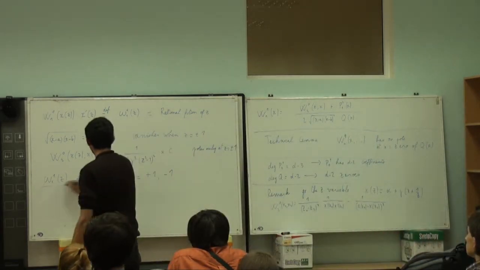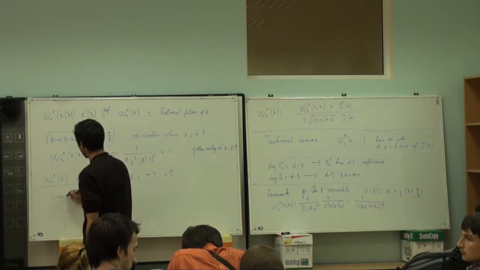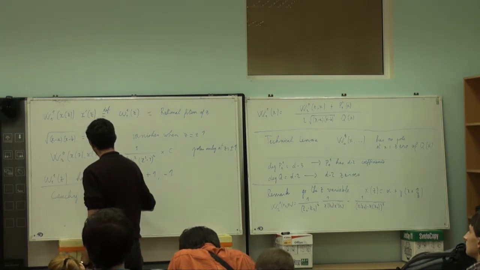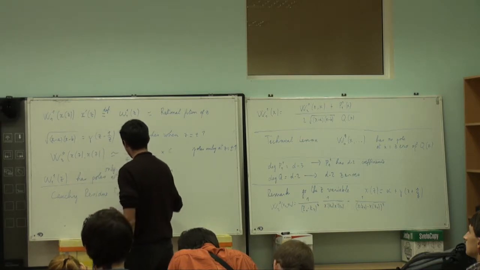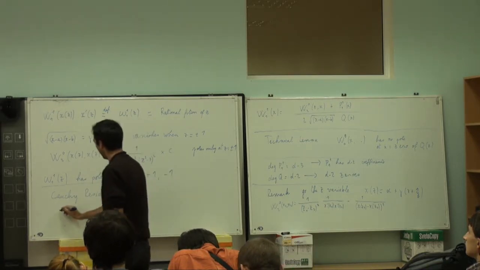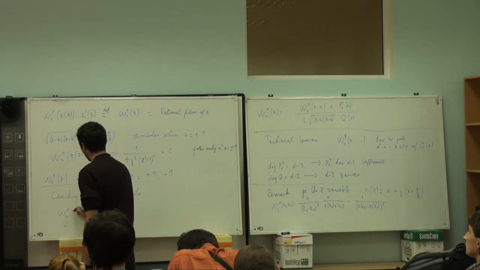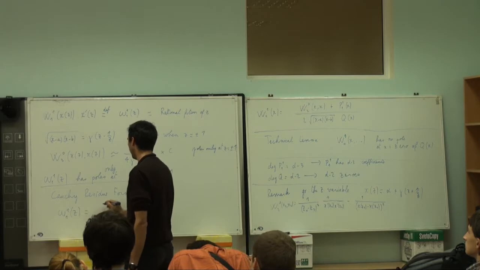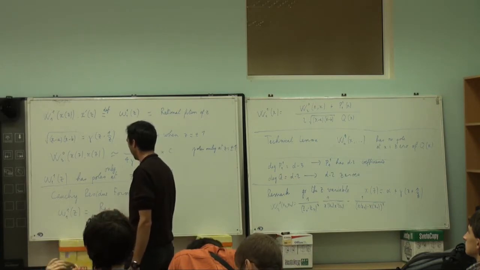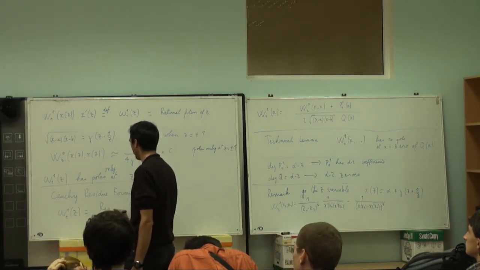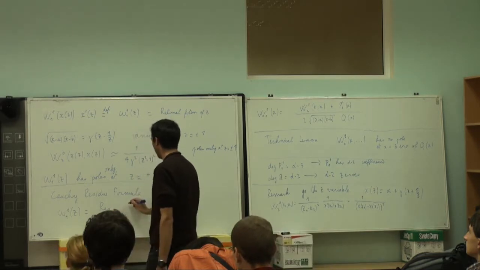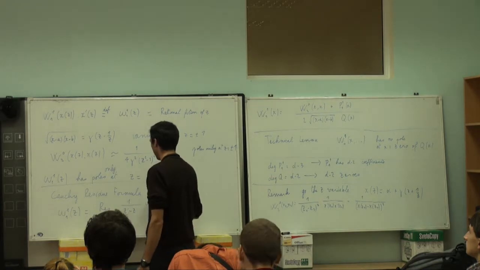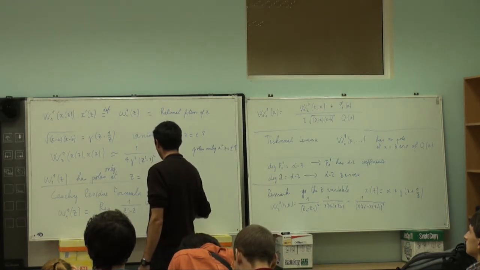Let's write Cauchy's residue formula. So omega 1 of z equals the residue, when, let me call that z prime going to z, of 1 over z prime minus z, omega 1 of z prime.